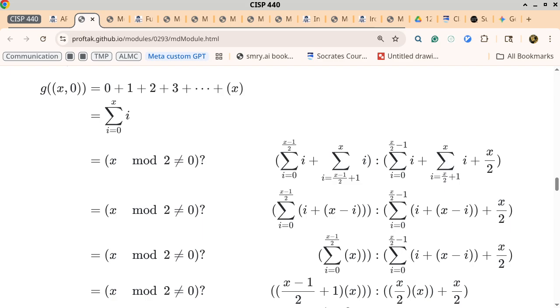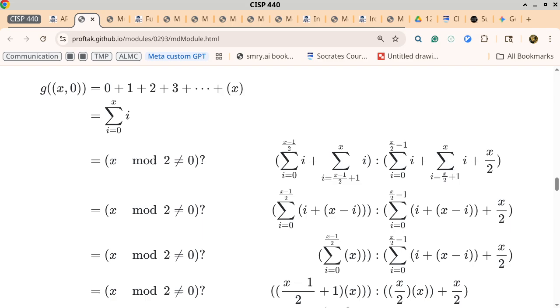What i is really doing is telling me how many times I need to add x. So now if i goes from 0 to 5 minus 1, the whole thing divided by 2, which is 2, how many times am I going through this loop? The answer is 3 times, because i equals 0 is once, i equals 1 is the second time, i equals 2 is the third time. So you're basically adding 5 itself 3 times, and therefore you have 15.